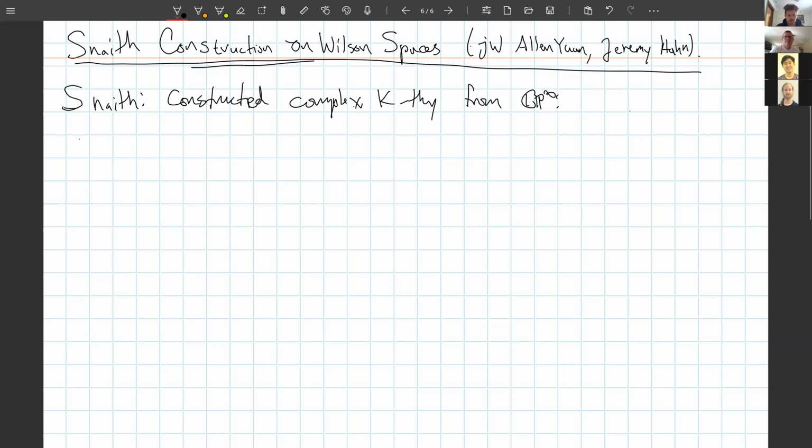He says that complex K theory is equivalent to the spectrum that you get when you take the pointed suspension spectrum of CP infinity and invert a class X, a generator of pi 2 of CP infinity.